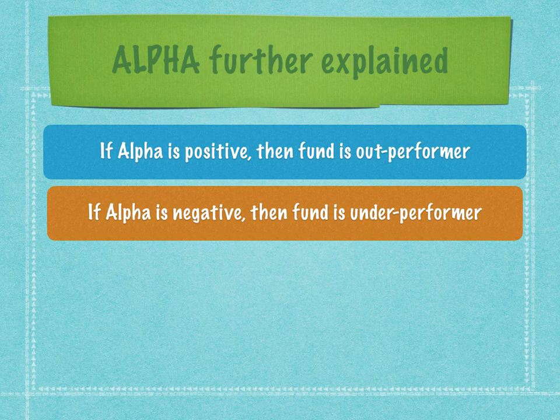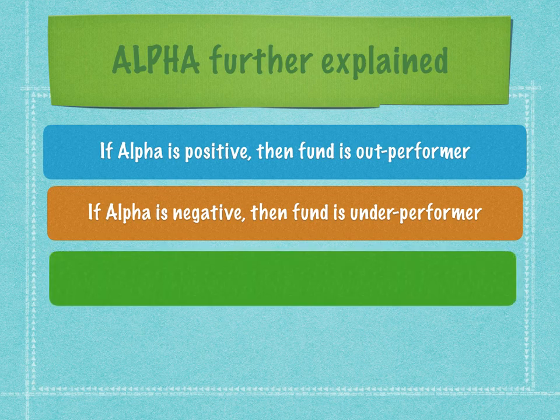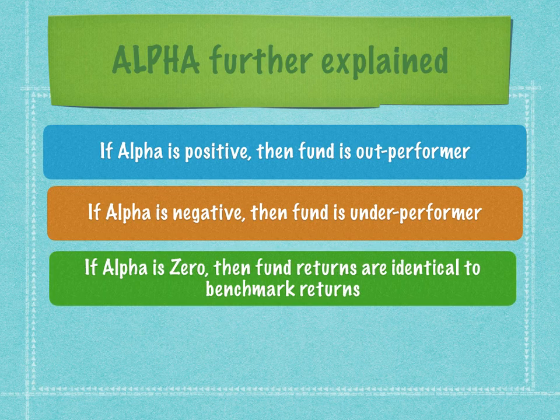This will result into significant redemptions. Investors want to remove their assets from mutual funds which have a negative alpha. They will put it into a mutual fund that has got a positive alpha. So negative alpha is not good for the mutual fund investor. And if of course alpha is zero, then fund returns are identical to the benchmark returns.